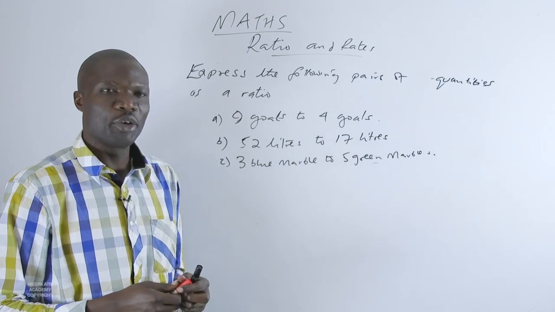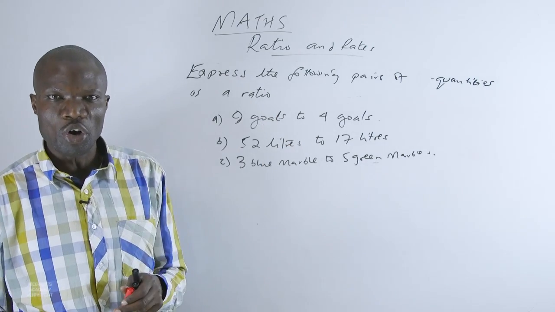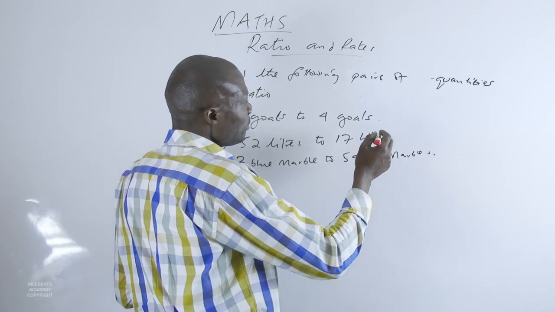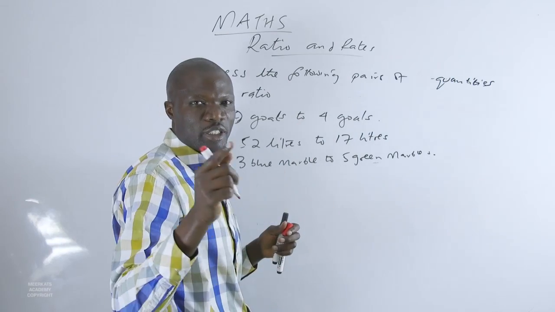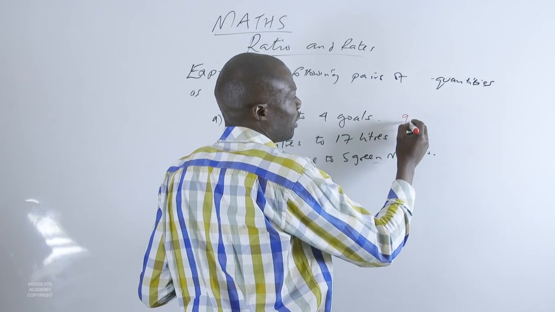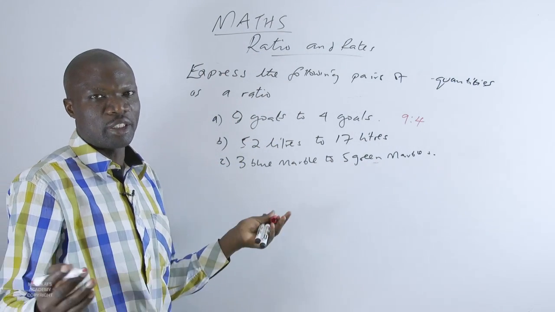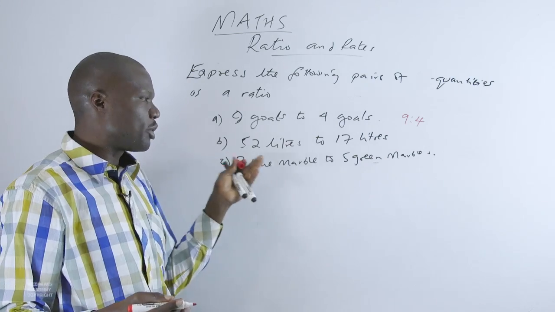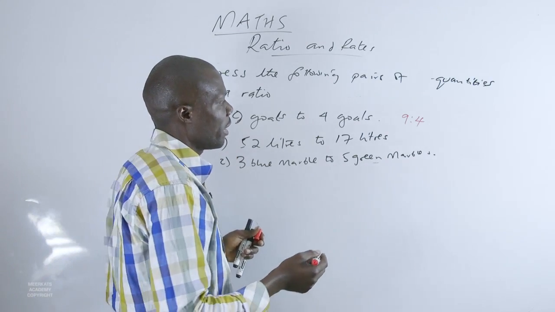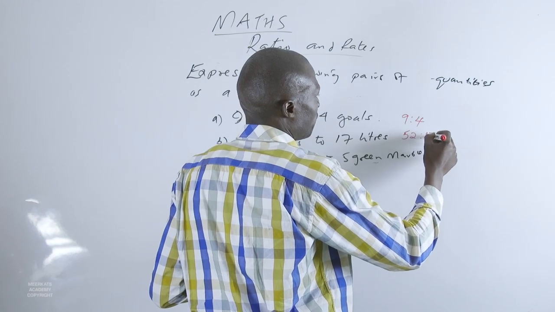So quickly, when you look at this, 9 goals to 4 goals. We said "to" is substituted with a colon, so we shall have 9 to 4. That is the ratio we are looking for. 52 to 17 is simply 52 to 17.